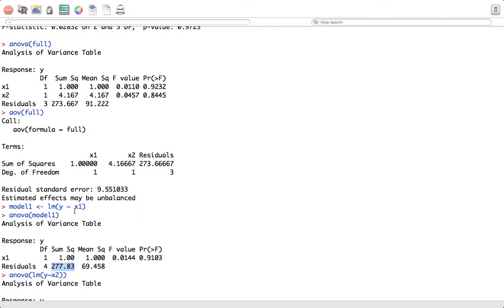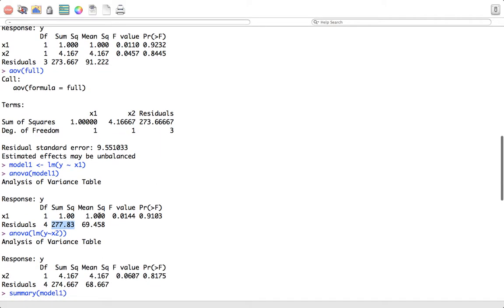Now let's grab our handy dandy calculator here. 277.83 minus 273.667, and we get 4.163. Now, what that stands for is the change in the sum of squares regression when x2 is added to the model where x1 is already in it.